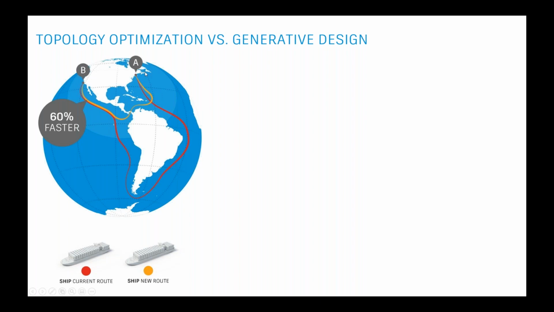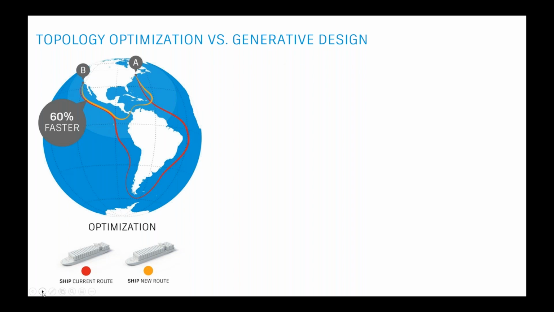So that's what topology optimization does. It's doing a single objective, and that would be, let's make this part lighter. But it doesn't explore different materials. It doesn't explore different constraints or manufacturing methods or anything like that. It's simply, how do we make this lighter? Or again, in terms of transportation, how do we make it faster?